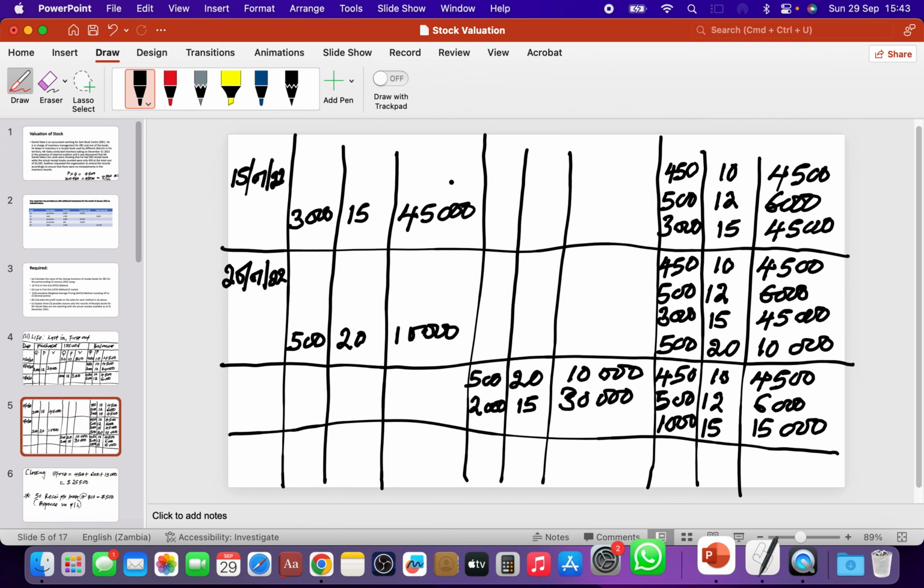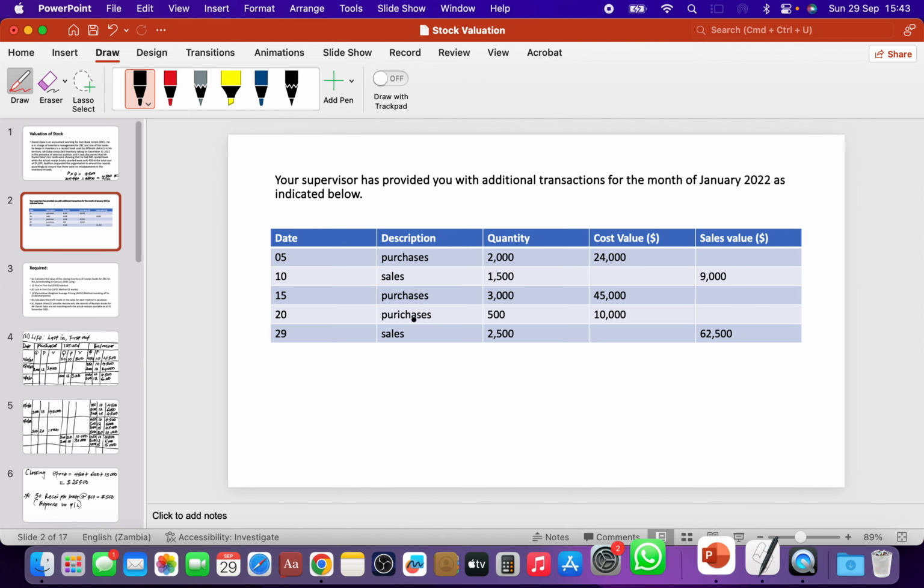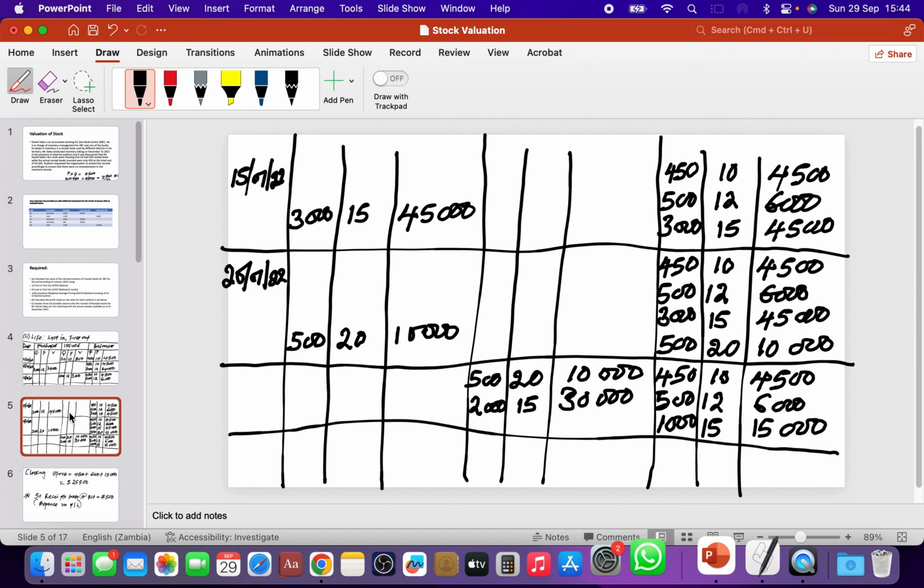After recording the transaction on the 15th, I need to check what happened on the following date. And the date that followed is the 20th. On the 20th of January 2022, the organization bought more units, 500 units. These 500 units were valued at $10,000. Okay, so when I'm on the 20th, I need first to record my opening balance on the 20th of January before recording the new item that I purchased.